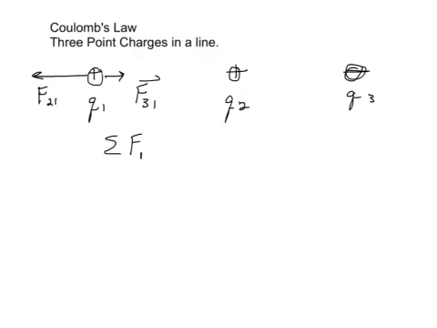on charge 1 are going to be equal to the vector force of 2 on 1 plus the vector force of 3 on 1. That's how we would write it, and these are both vectors, but since they're all lying in one direction along the x-axis, we can just call F of 2 on 1 negative and F of 3 on 1 positive, and we'll end up getting the magnitude, which will be a negative number, along the x-axis.